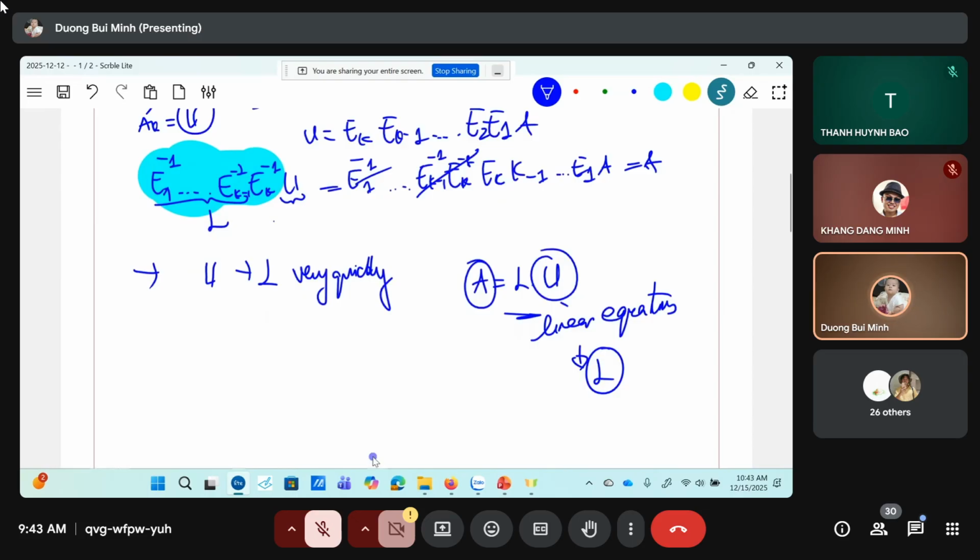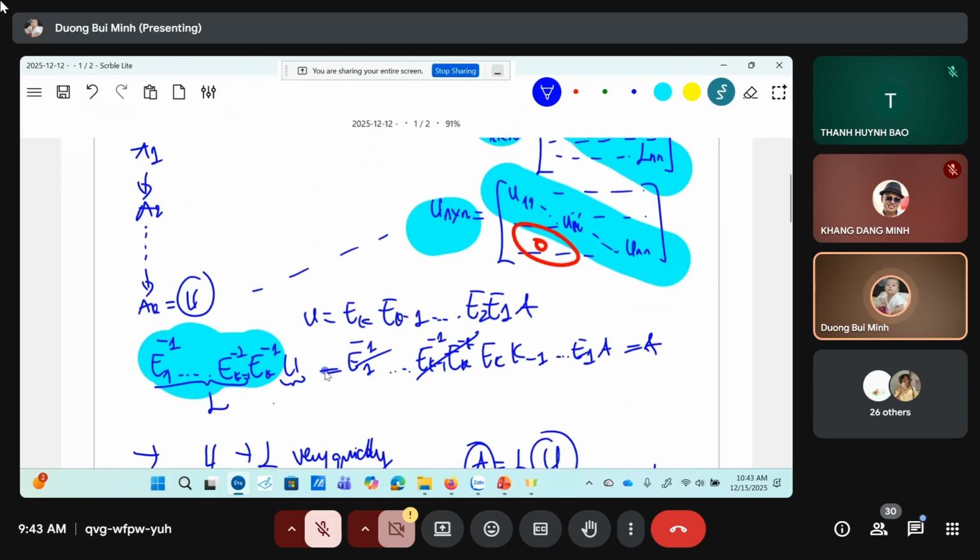For example, if we have A11, A12, A13, A21, A22, A23, A31, A32, A33. We already know A, and after finishing these steps, you can get U. So U is U11, U22, U33.